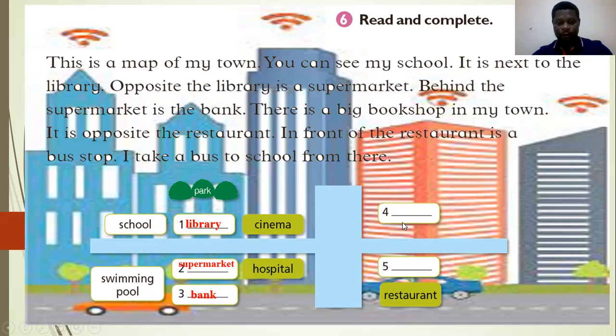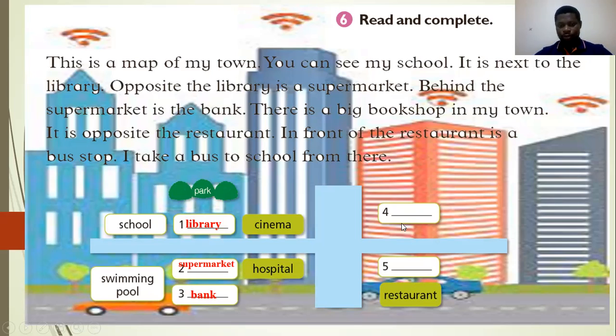So what is number 4? Let's look at number 4 now. You can see it is next to the library. Opposite the library is a supermarket. Behind the supermarket is the bank. There is a big bookshop in my town. Opposite the bookshop is the restaurant.